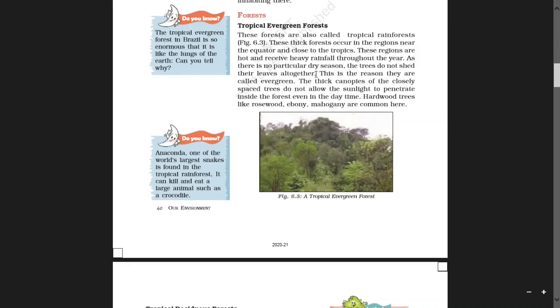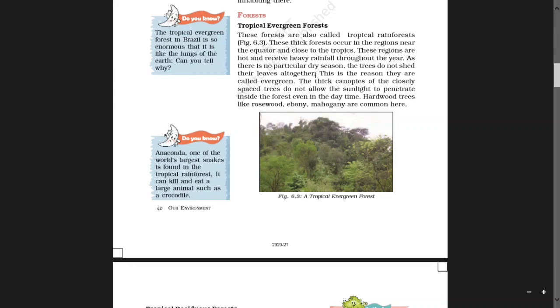Evergreen means it remains green throughout the year. So as there is no particular dry season in tropical evergreen forest areas, the trees do not shed their leaves.